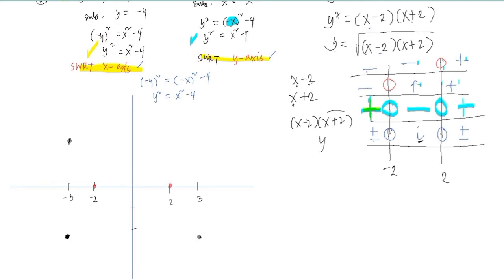Tapos, yung symmetrical, itong point na to, dito sa kay x-axis, so ito rin yun siya. Tapos, yung point na to ay symmetrical dito. Okay? And, at the same time, itong point na to ay symmetrical with respect to the origin.